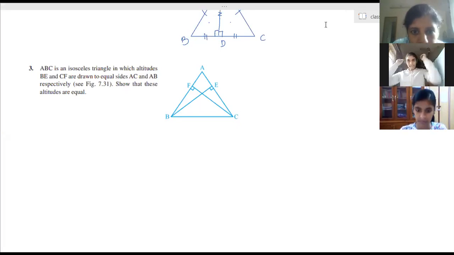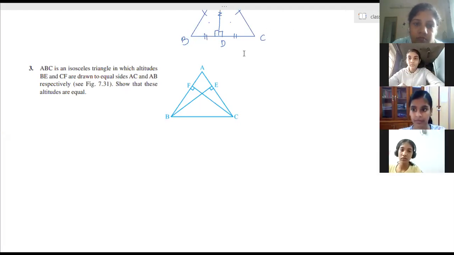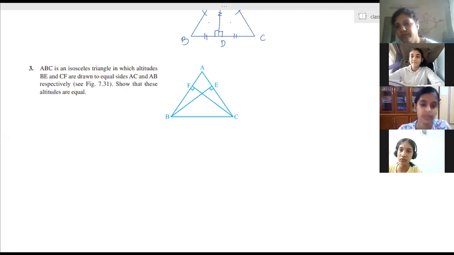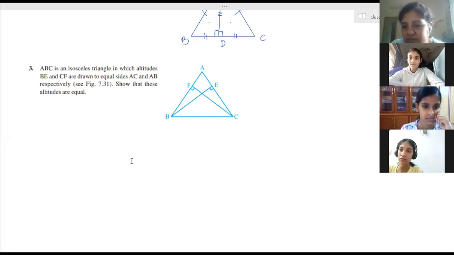What do you mean by altitude? Rupika? A line which cuts the side. Madhushri?